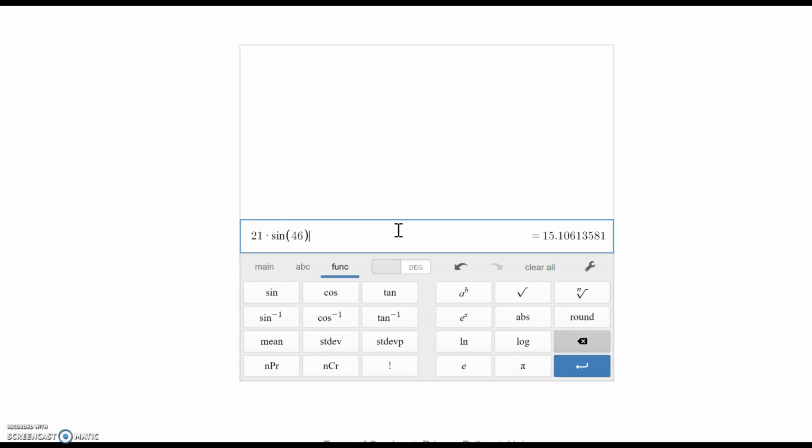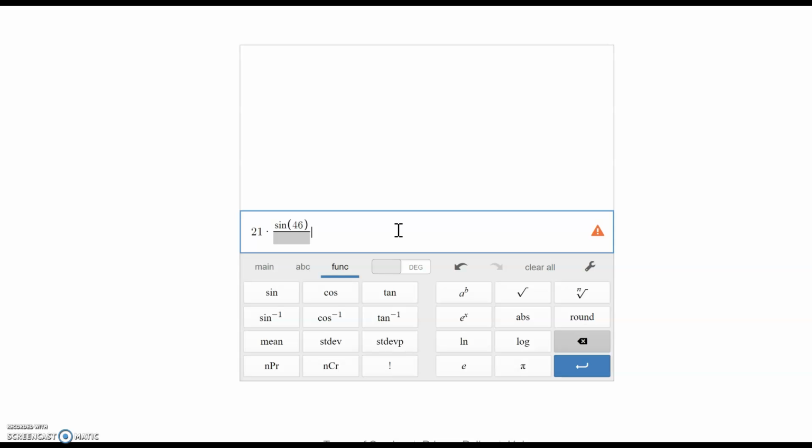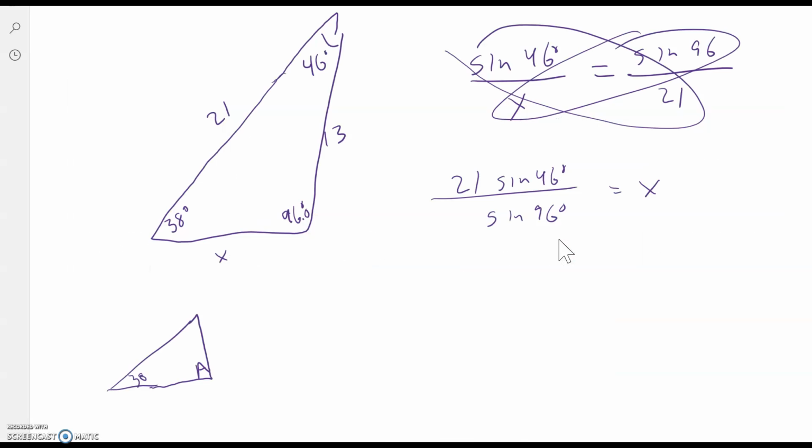You don't have to click the sine button there. Divided by sine 96. Okay, 15.18, and I'll round it to 15.2. So x is 15.2. And there you have it.